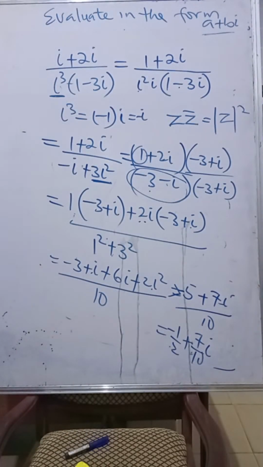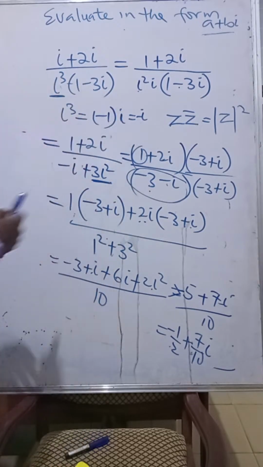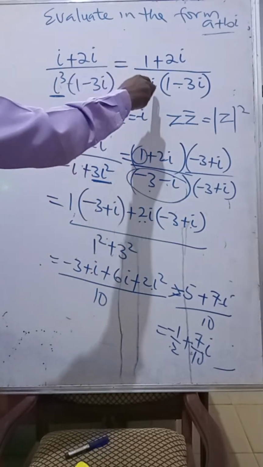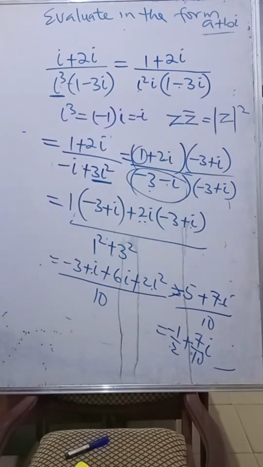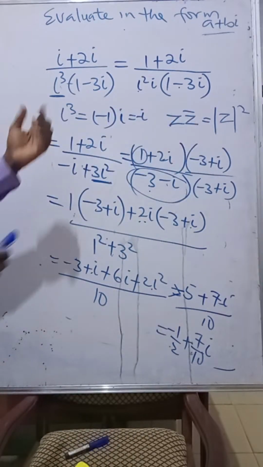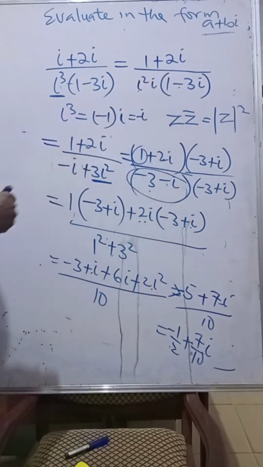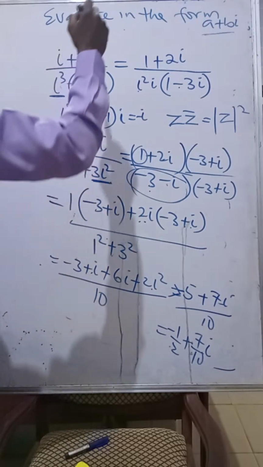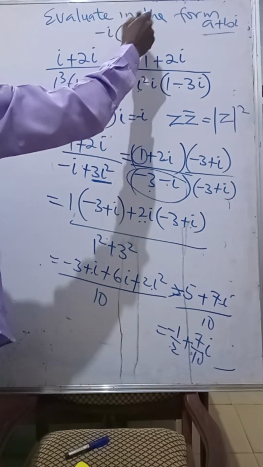So let's quickly review what we have done so far in this question. The first thing we did is the i cubed, which is simply minus i. i squared is minus 1, times i, that's minus i. So use it to multiply the denominator. It's going to give you minus i times 1 minus 3i.